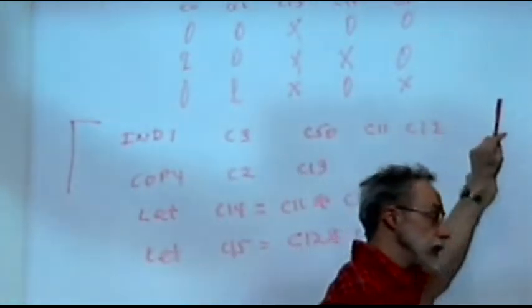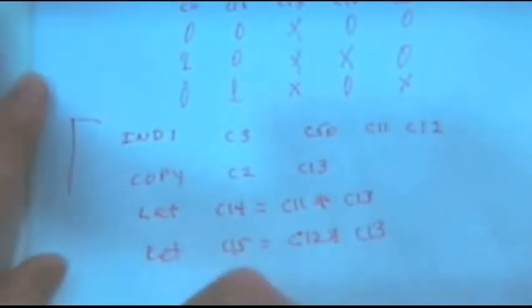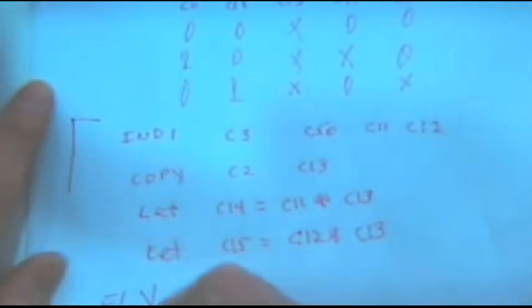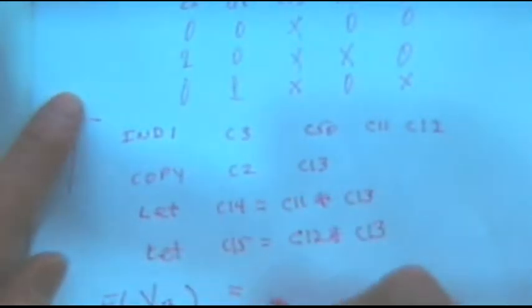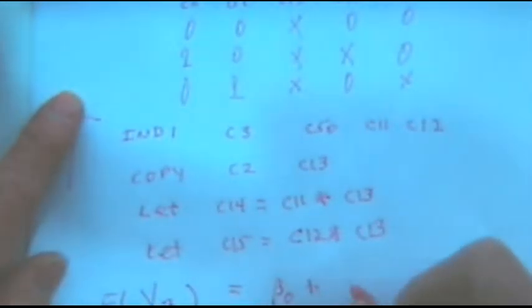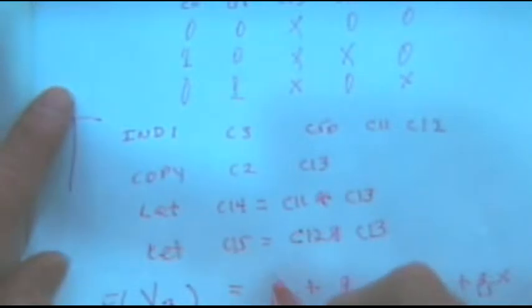We'll have beta 5. So I claim that the expected value of a y3, say y3, group 3, will be: we'll have the intercept, we'll have beta 2, we'll have beta 3 times x, and we'll have beta 5 times x. So that's the model for an element in group 3.